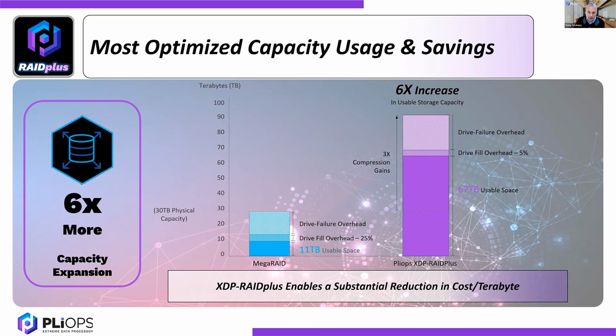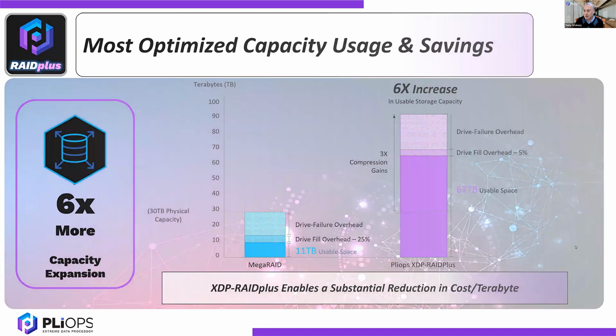And when customers are deploying multiple petabytes of storage, this increased capacity is translating to millions of dollars in savings. As you scale, as you put in more servers, more data centers, more racks, the number just increases, and customers thoroughly enjoy this and benefit from it.